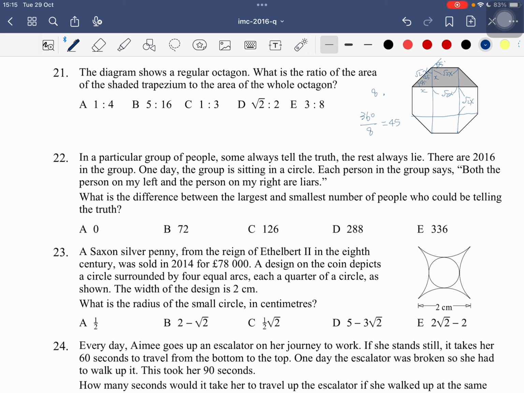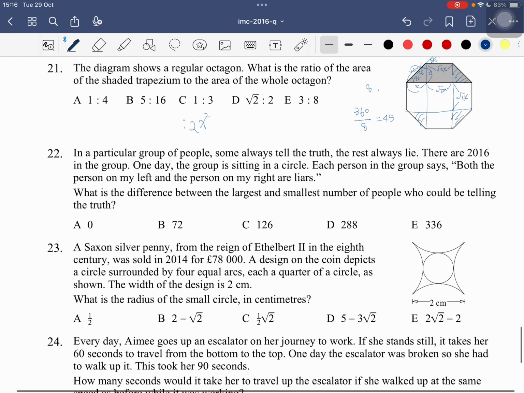So the whole area is this and this. This and this together is x squared. But we have 2x squared plus this and this and this are the same. Square root of 2x squared, but we have 4. Square root of 2x squared plus the center 2x squared.